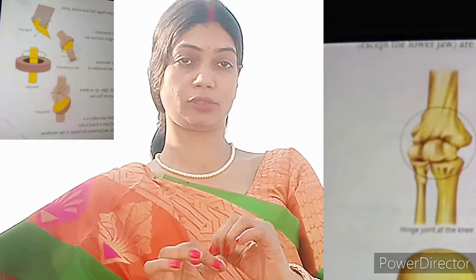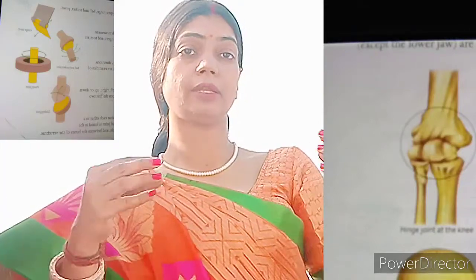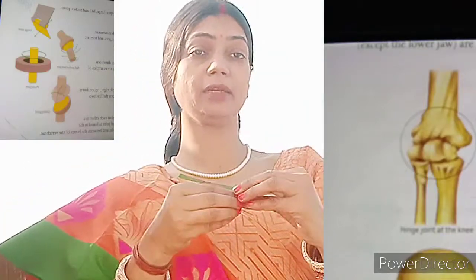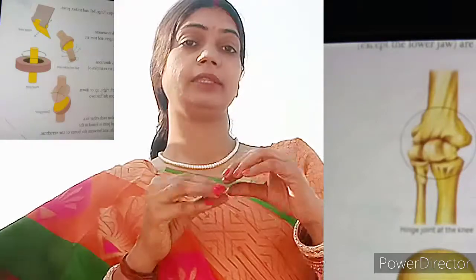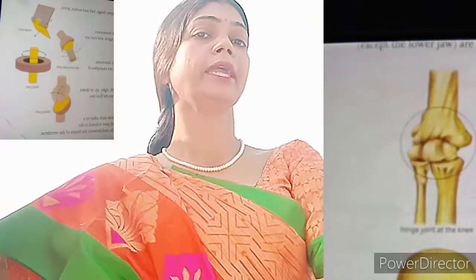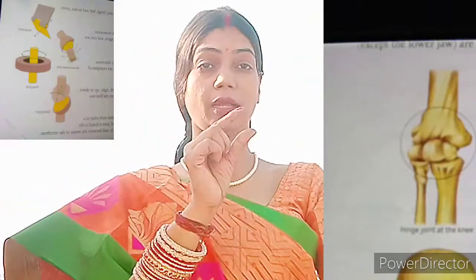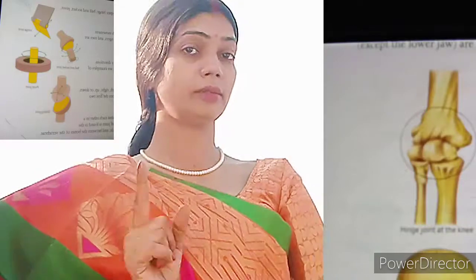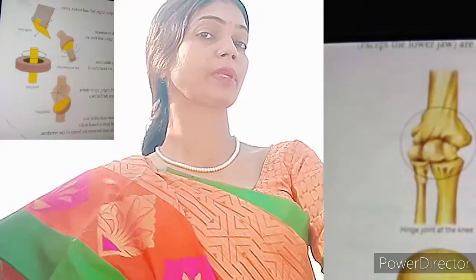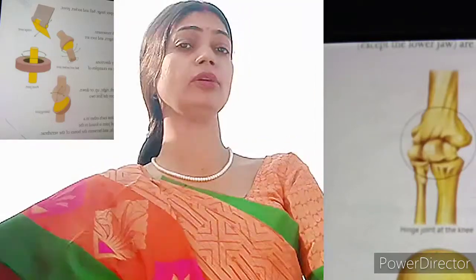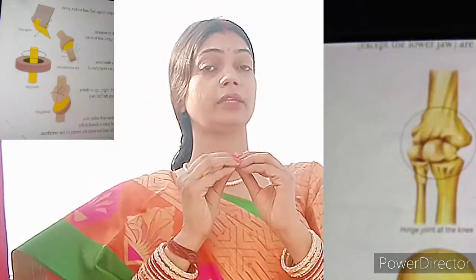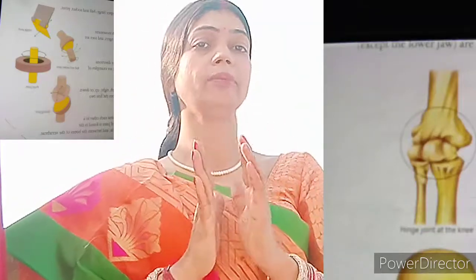Two bones are attached to the joint like a hinge. That's why the joint at the elbow and knee is called a hinge joint, because the two bones in your elbow and knee are attached to each other like a hinge.